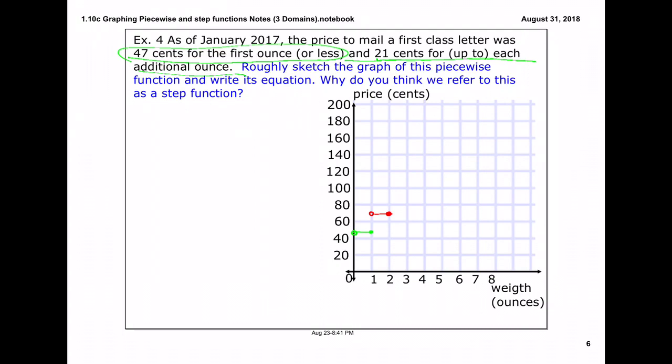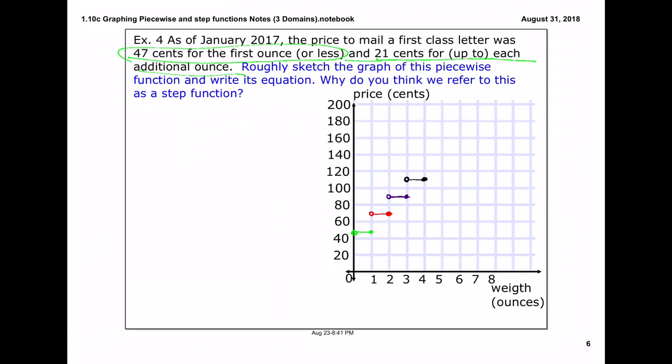We still want to pay 47, but anything over 1 ounce, we will pay the additional 21 cents. As we continue adding 21 cents, we would have an open circle on the left, a closed circle on the right, and you can see that this appears to look like stairs, which is why we call this a step function.